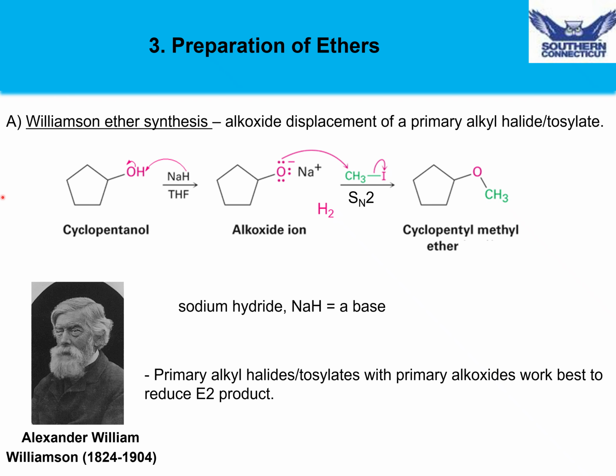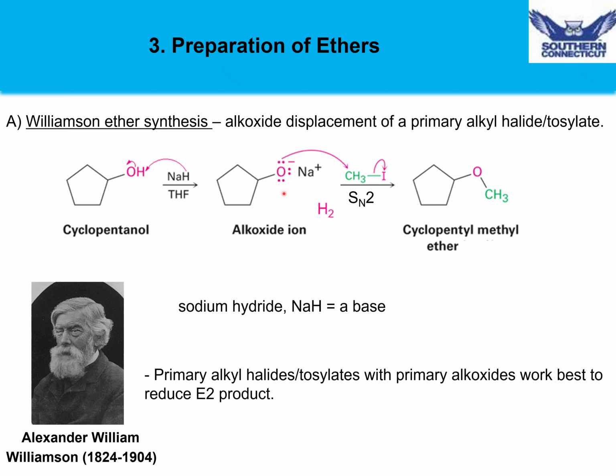The most common way to make ethers is through the Williamson ether synthesis. This is a reaction where we turn an alcohol into an alkoxide by adding base, and then we do a substitution reaction on an alkyl halide. For example, with cyclohexanol, when we add sodium hydride, which is a base, the sodium hydride will remove the hydrogen on the alcohol to make an alkoxide ion, which is a much better nucleophile than the alcohol.